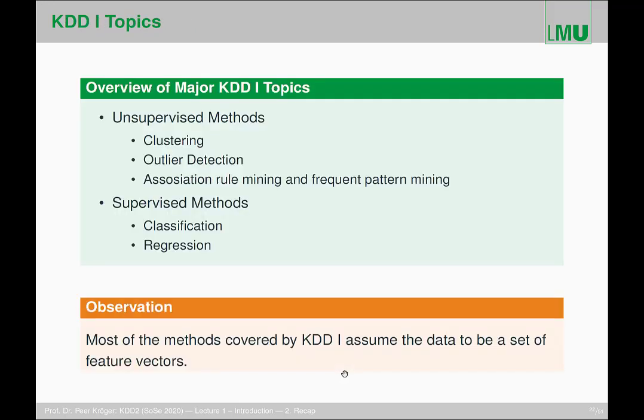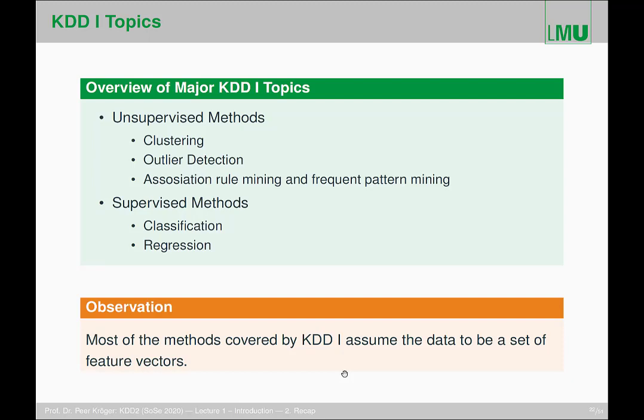Recall that we are usually concerned with inductive learning, so machine learning, the inductive way of deriving patterns from observations, and there are basically two general classes of patterns we can search for. The first one is unsupervised methods, where we typically don't know anything about the data.